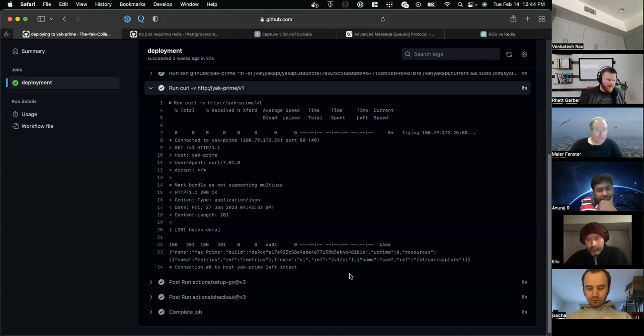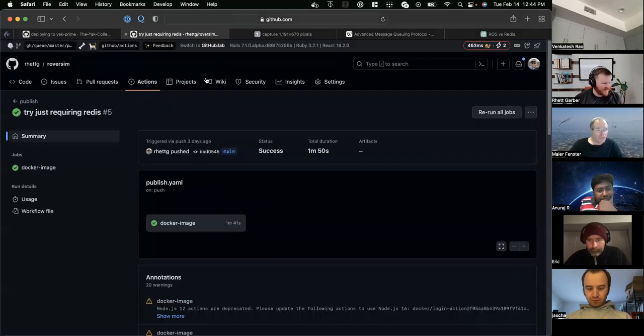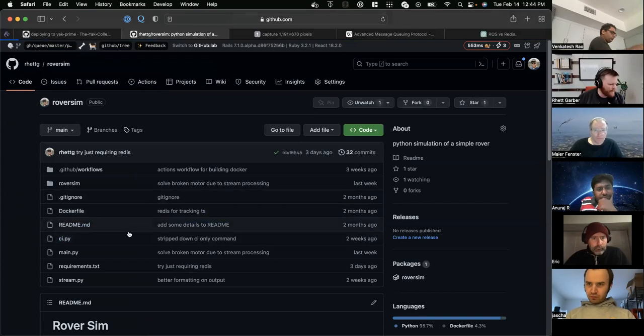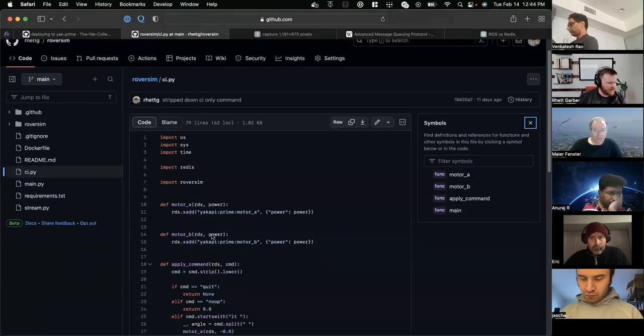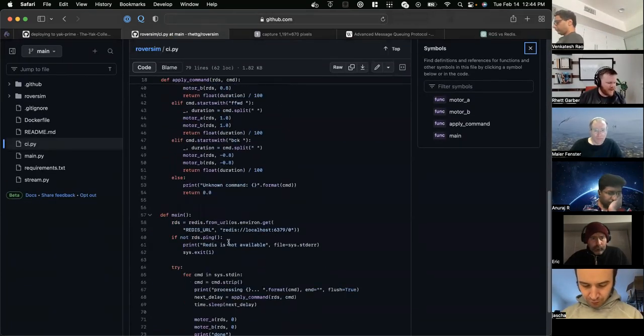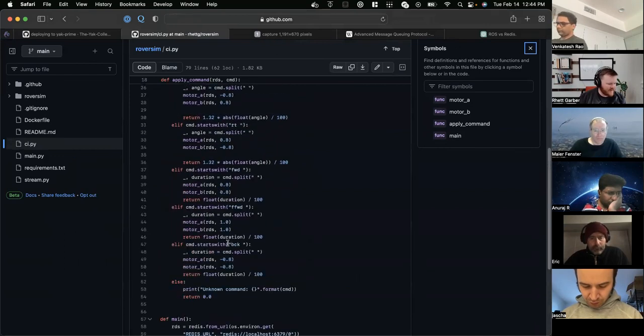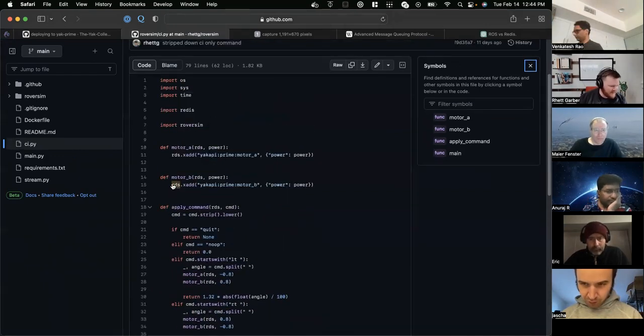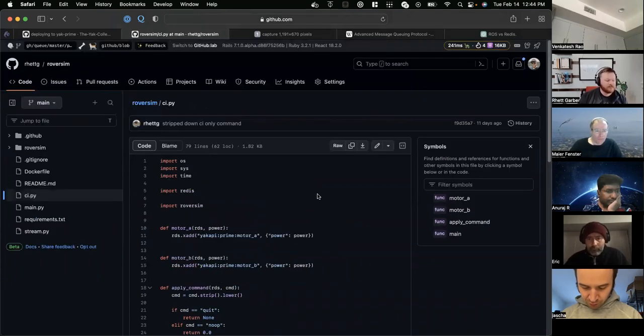There's one thing in the rover sim that shouldn't be there. And that is this CI script interprets commands and sends them into Redis here. This should not be part of the sim. This is part of the rover. It's really like how the rover interprets commands, and that's independent from simulation.